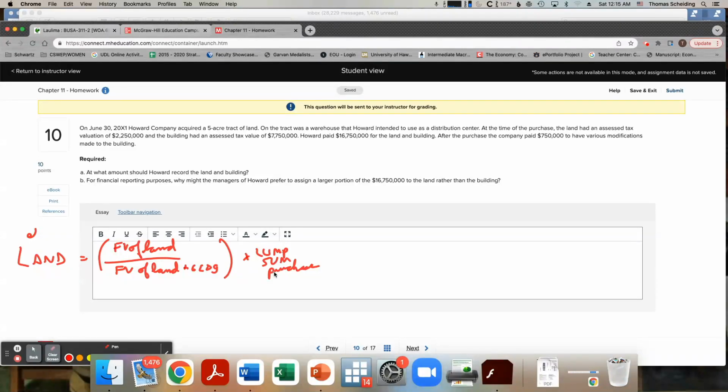So in that case, we would have $2,250,000 divided by the future value of the land and building.